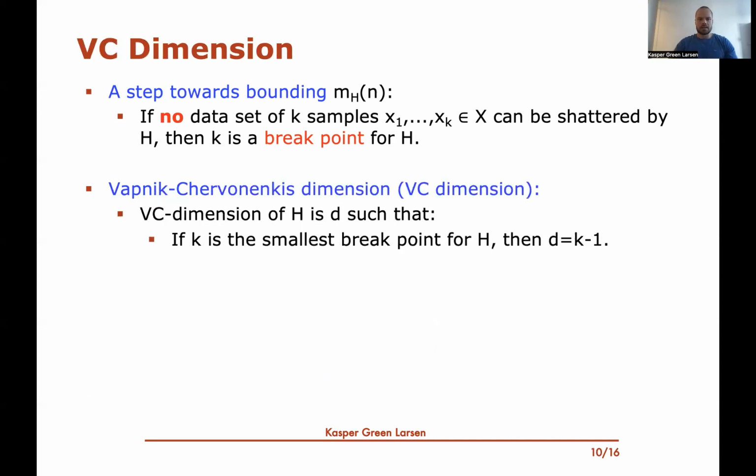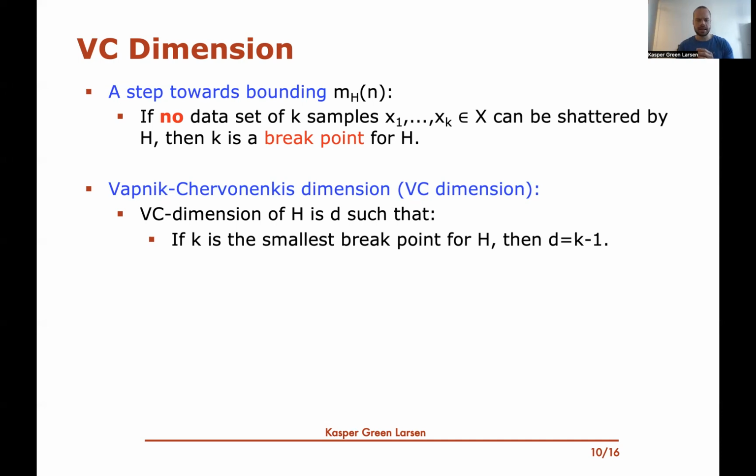Okay. So with this definition of breakpoints and shattering, we finally get to the definition of VC dimension, probably one of the most important definitions in learning theory. The VC dimension is named after its inventors. The VC dimension of a hypothesis set is defined as the D such that D is 1 less than the smallest breakpoint.